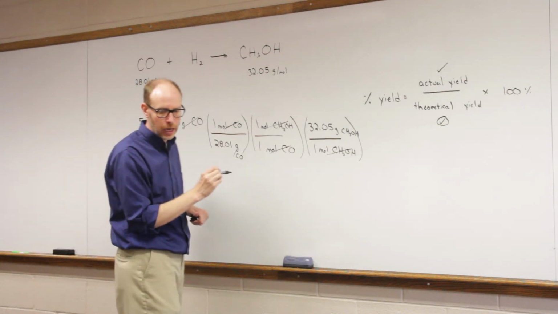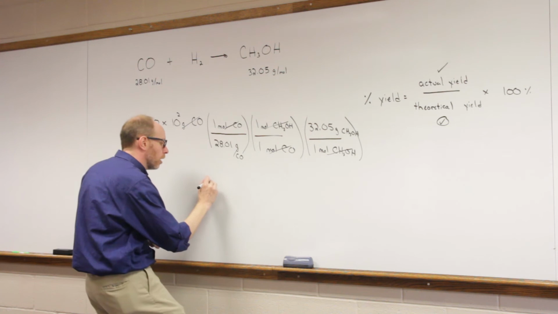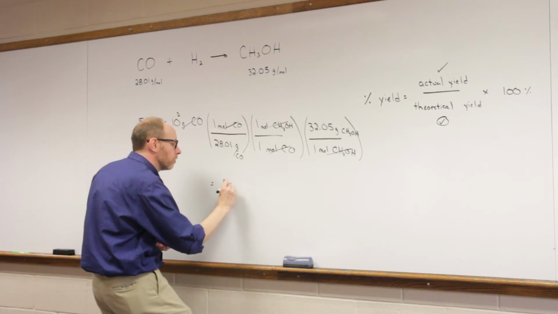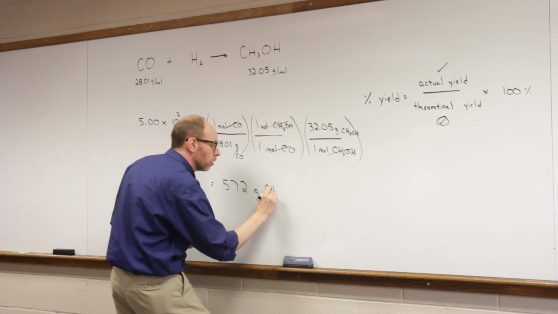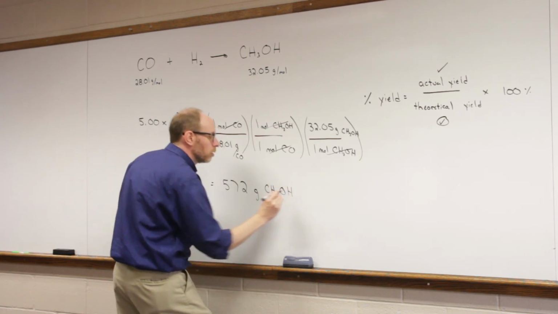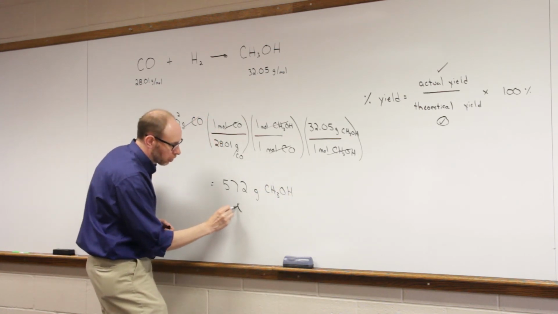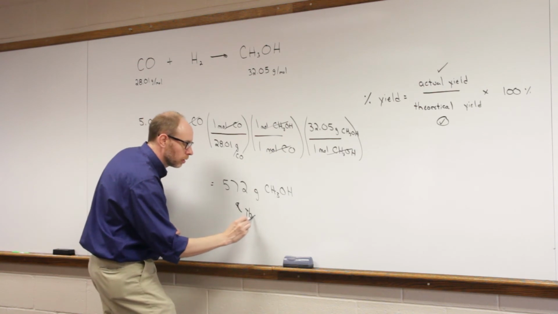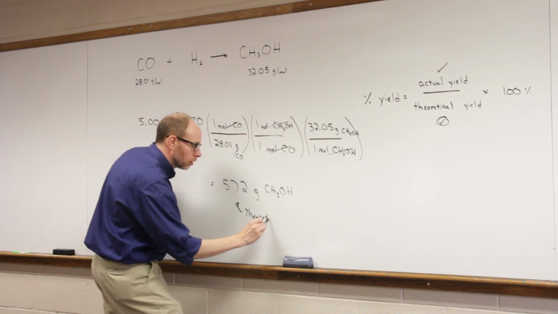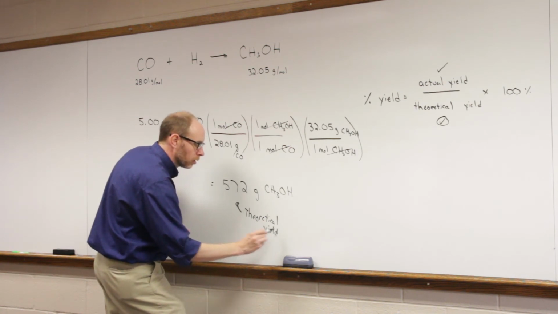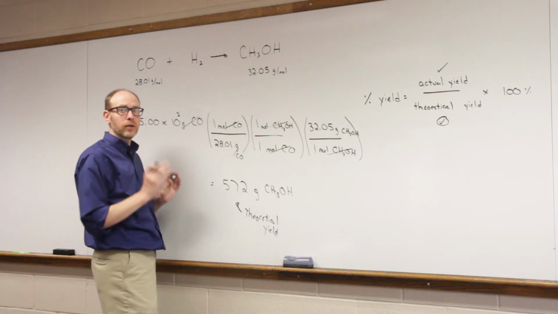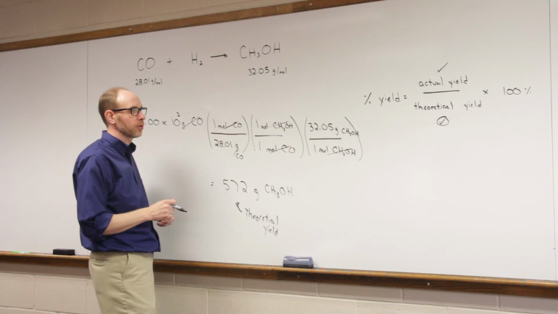You punch that into your calculator, and you should end up with 572 grams of methanol, which is going to be our theoretical yield. That's our theoretical yield. How much should we be able to produce?